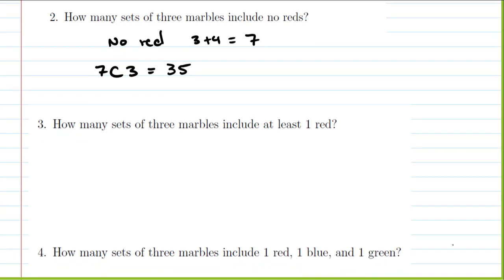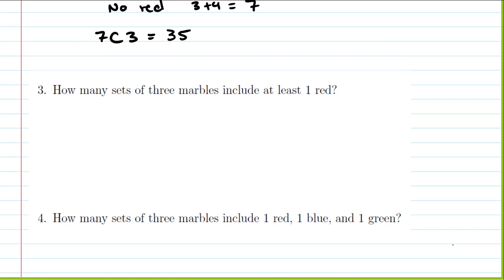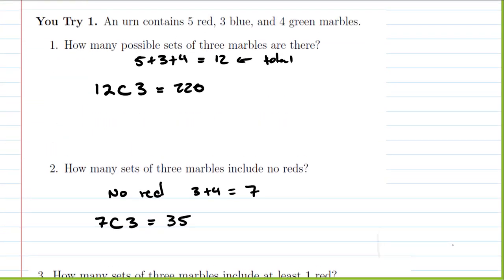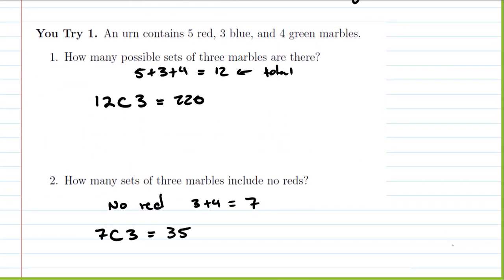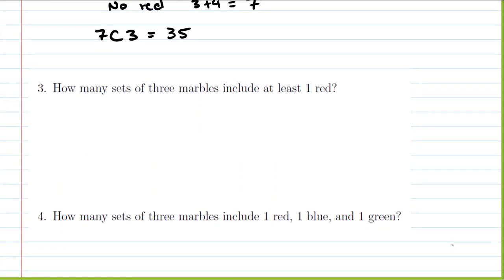Well, at least 1 red is going to be exactly 1 red, exactly 2 red, exactly 3 red, exactly 4 red, or exactly 5 red, because there's 5 red marbles. But we're only picking 3, so we'd never make it to 5. So then it would be exactly 1, exactly 2, or exactly 3 red.